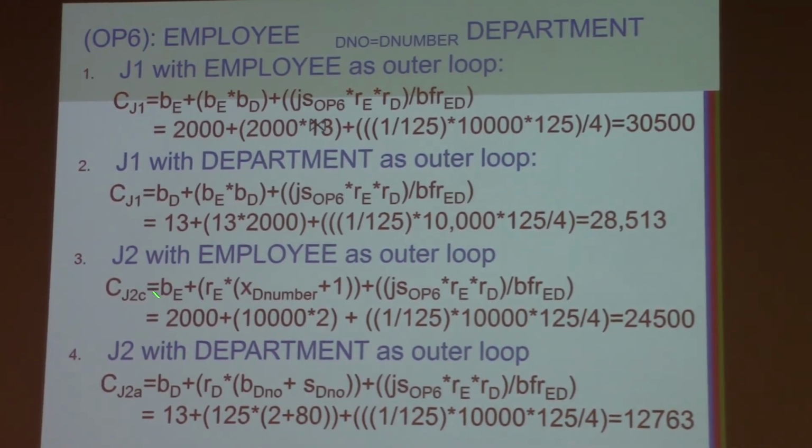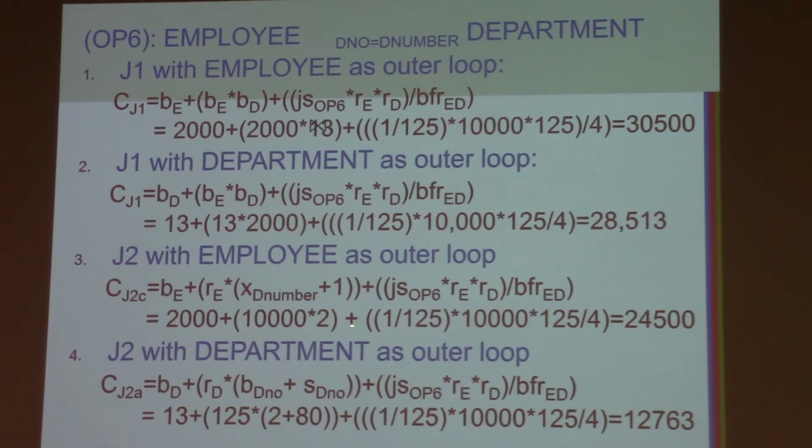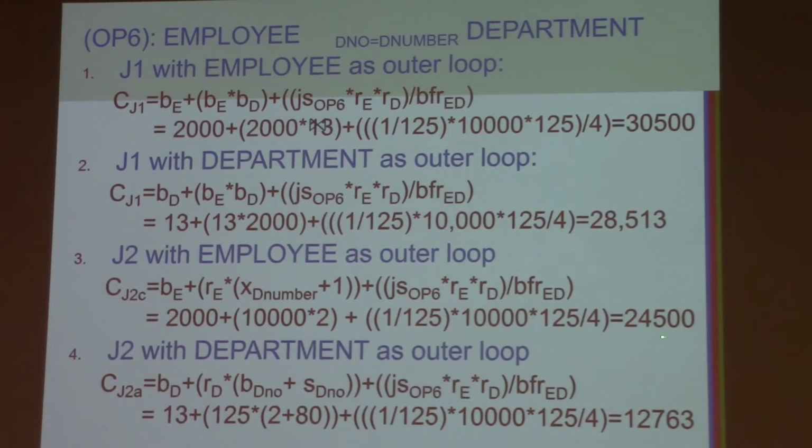And this one is the employee. This one is employee by single loop join. With single loop join, we can use X plus 1. It's the level of the index, D number. And for each employee, the others are the same, you can calculate, it's 24,000.